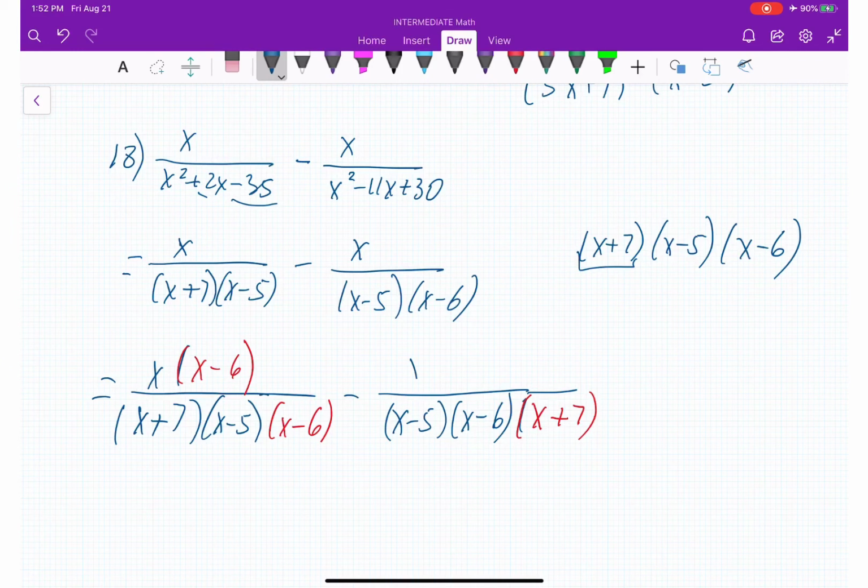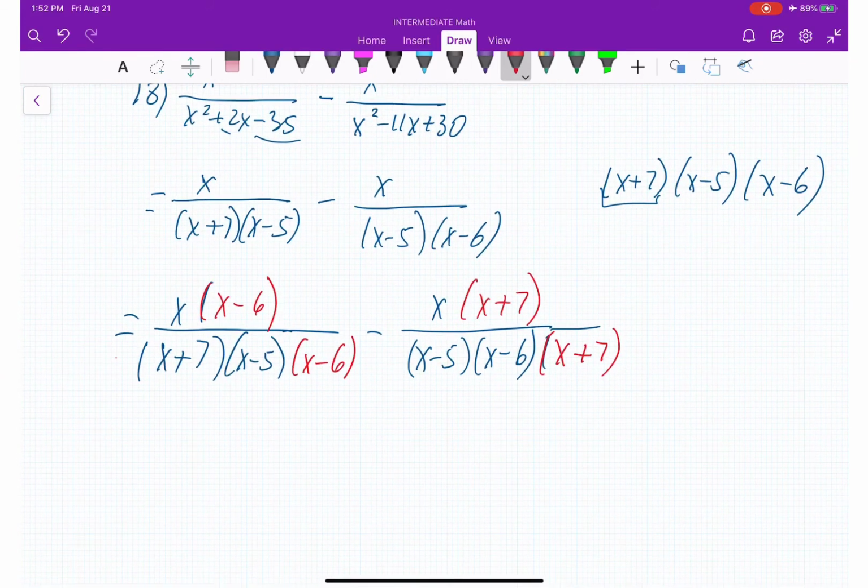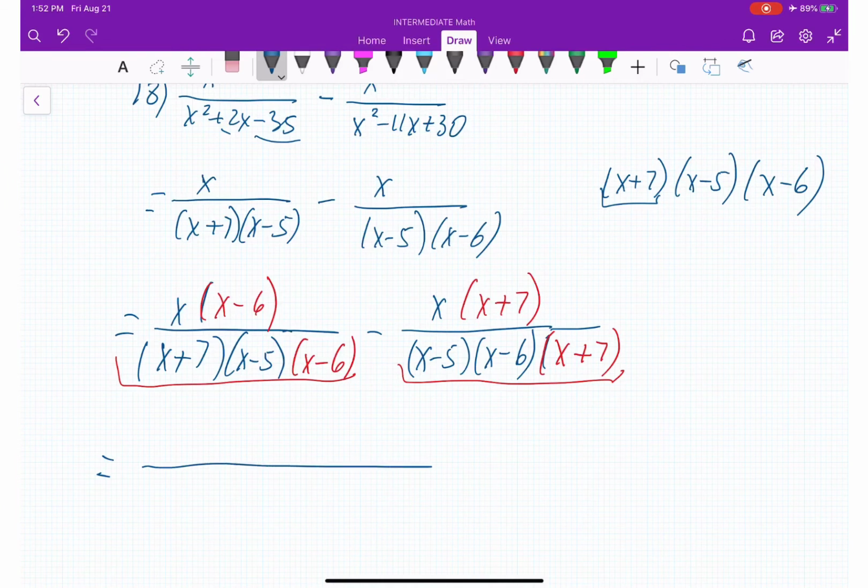And here we have x times (x plus 7). Okay. Do we have the same denominator? Absolutely. Does that mean now we can combine? Yes. So we have (x plus 7)(x minus 5)(x minus 6).